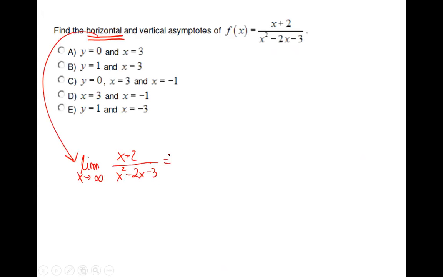Okay, what is this limit at infinity? It's 0. If the denominator is winning in terms of the degree, it is 0. This means that the horizontal line y equals 0 is a horizontal asymptote. Done. We can see that's not the option, that's not the option, and probably D is not the option.